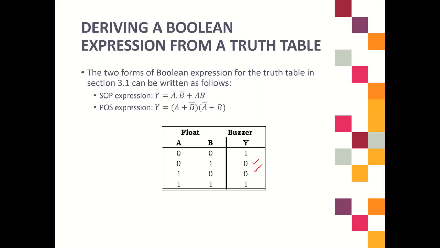That is for SOP. The second type is POS expression, or product of sum. Product of sum is where you product all sum terms when the output logic is equal to 0. What are sum terms? Sum terms are where you OR the complemented or uncomplemented input variables. Okay, so this is how you can derive the Boolean expression from the truth table.